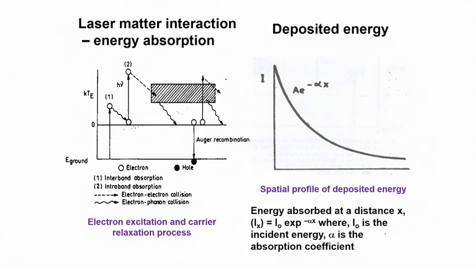This is what I was mentioning a few minutes ago, that either you excite the electron from the valence band to the conduction band and then further excite to a higher energy state, or if it's a metal, you already have electrons in the conduction band, so you excite them and then subsequently they get de-excited.